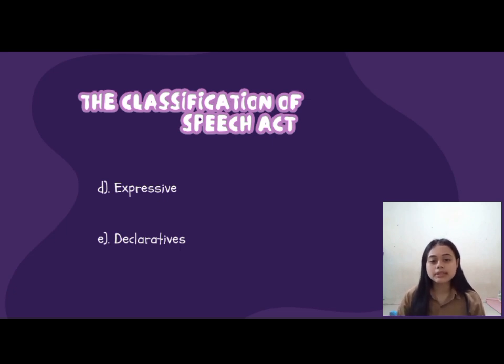Declarative speech acts cause various changes in the status or condition of the object or subject in question. This speech act is usually difficult to interpret or does not have a real meaning. The words used are intended to influence the interlocutor by expressing subtle sentences or subtle sarcasm.